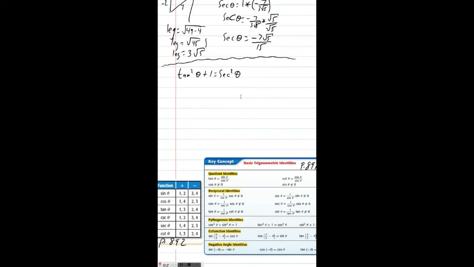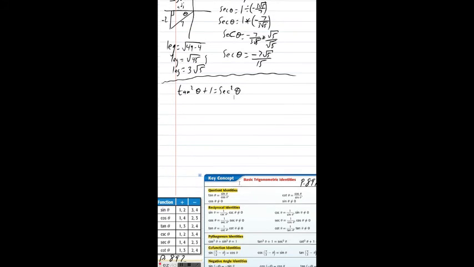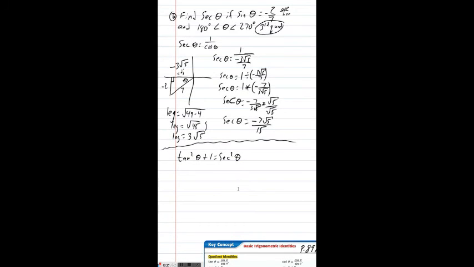Tangent, as you recall, is sine over cosine. We already know sine of theta, and cosine of theta is negative 3 times the square root of 5 over 7.